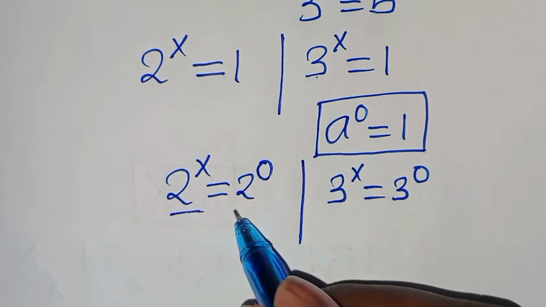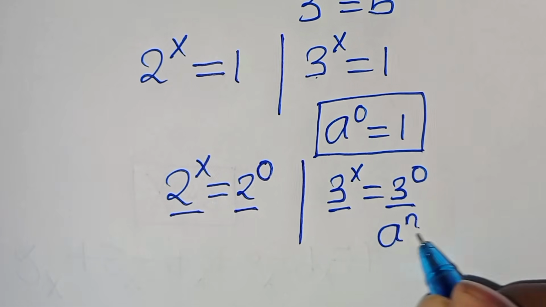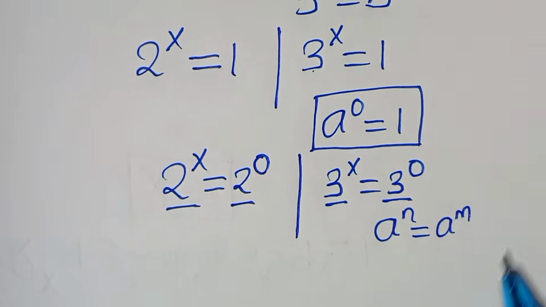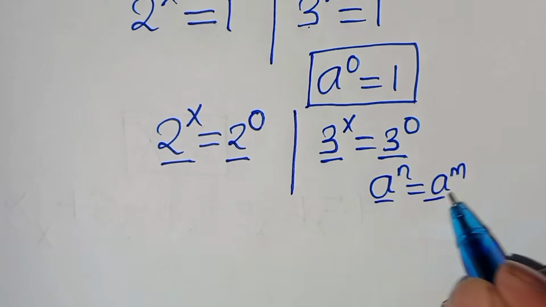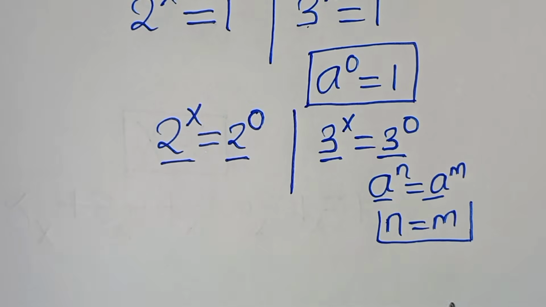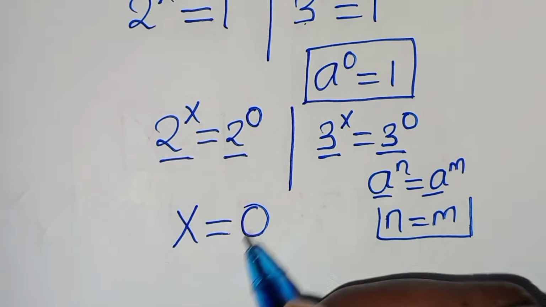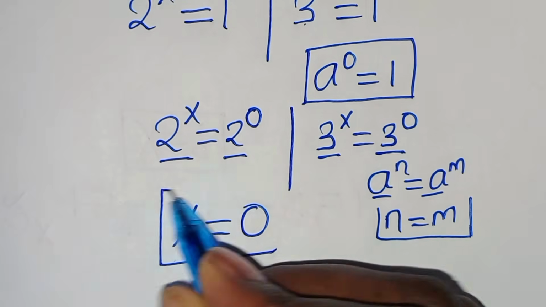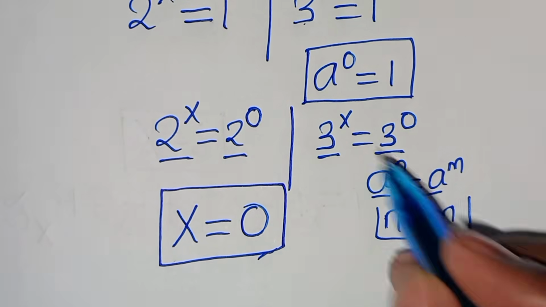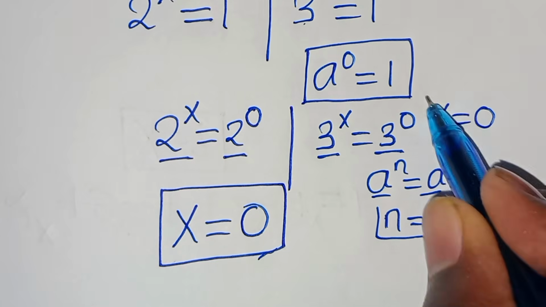Since the bases are common here, then a to the power of n is equal to a to the power of m. Since the bases are common, exponent n should be equal to m. So this is to mean that x is equal to 0. We have the value of x is equal to 0.